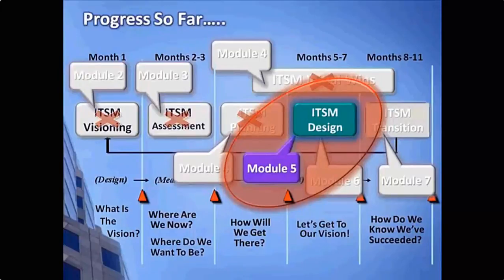In Module Number 3, we covered assessments: how to assess your current processes, technologies, organization, and governance practices. In Module 4, we finished off the assessment effort by translating the outputs of the assessment to action items, gaps, and then eventually into our initial win projects.